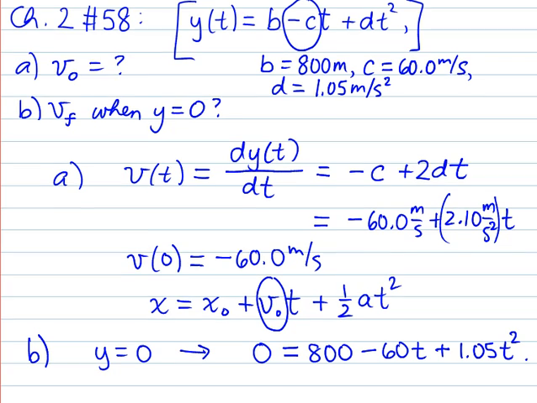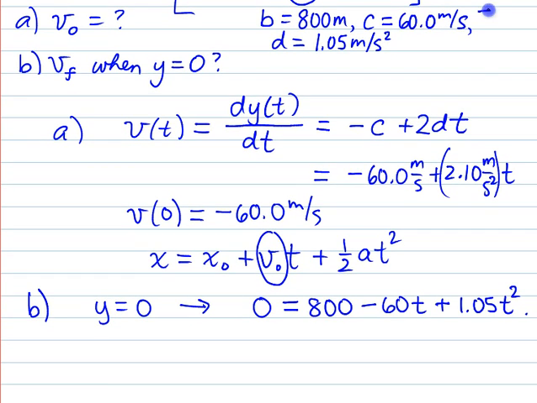And I'm dropping the units, but you should always check and make sure that your units are consistent. In this case we have all meters and seconds, so I think everything's okay.